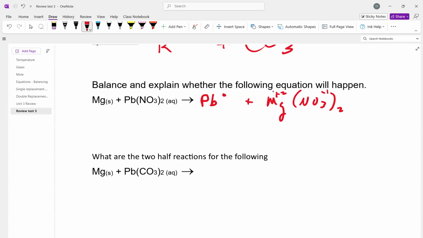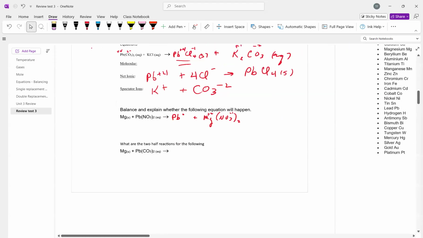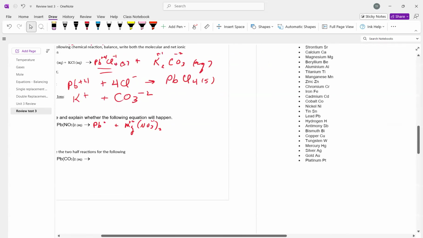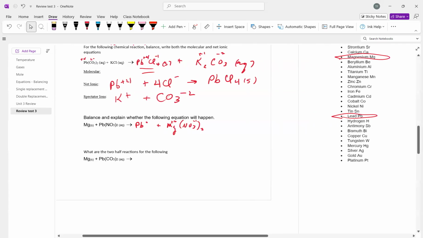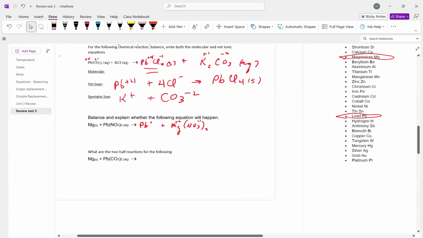Question is, is magnesium above lead on the reactivity chart? If it is, the reaction goes. Here's lead. And where's magnesium? Magnesium is above lead.